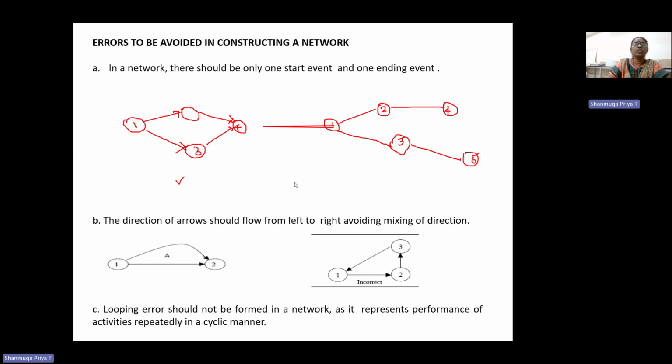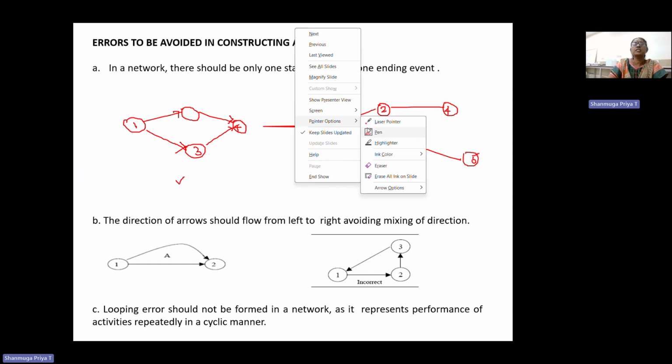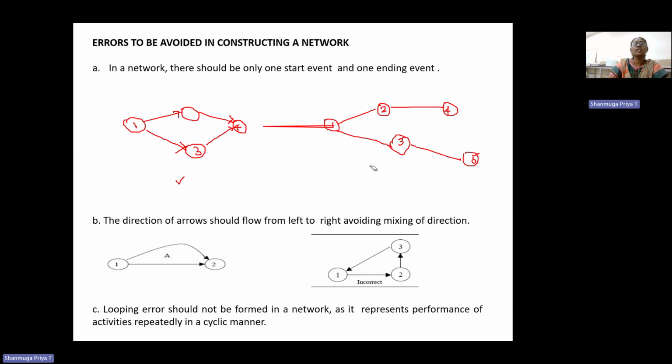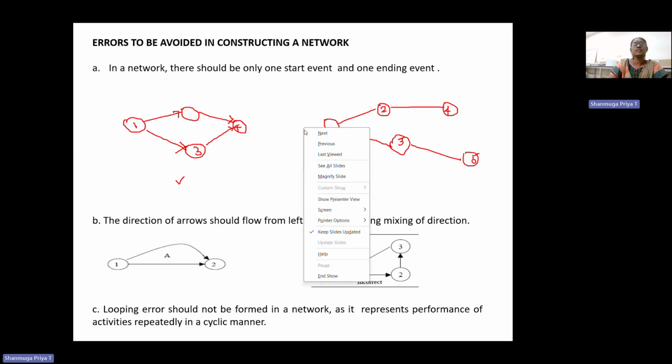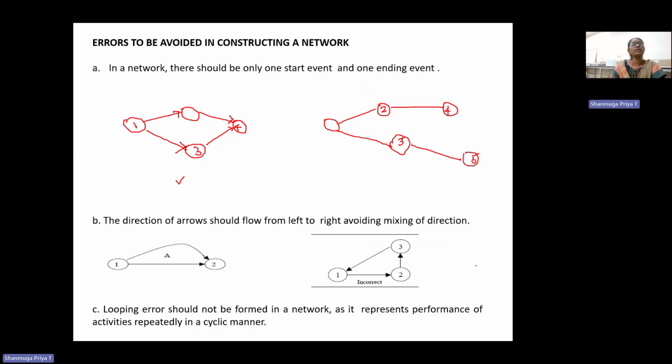It should not have two ends; it should always be connected with one value. So this is correct: one starting and one ending event. More than one start is wrong, so the second diagram is not correct.